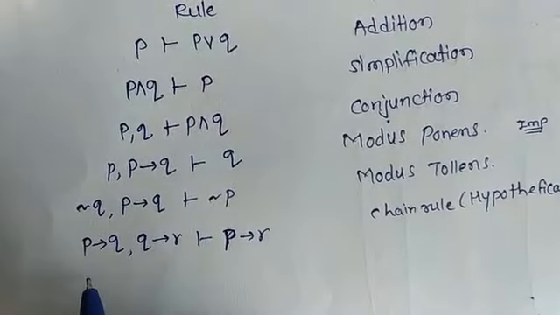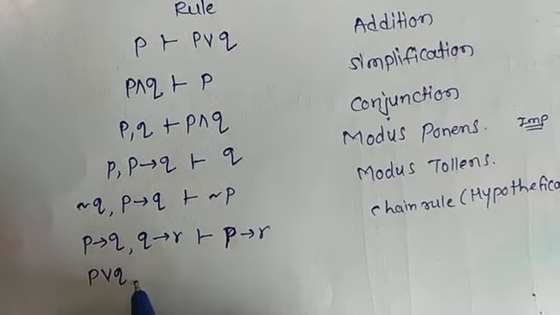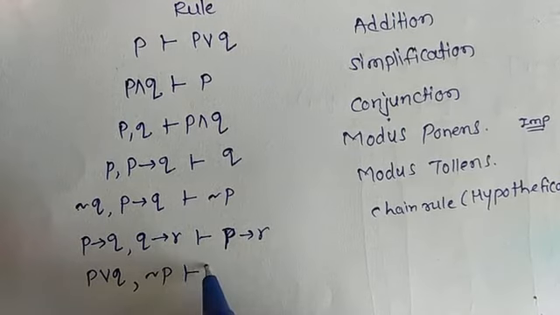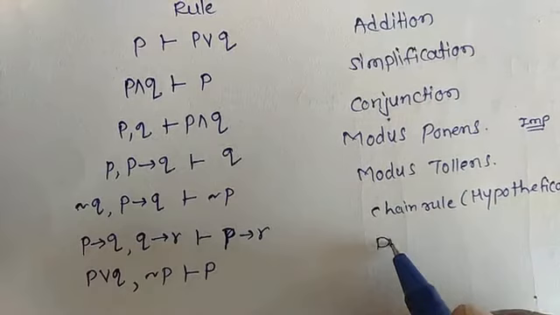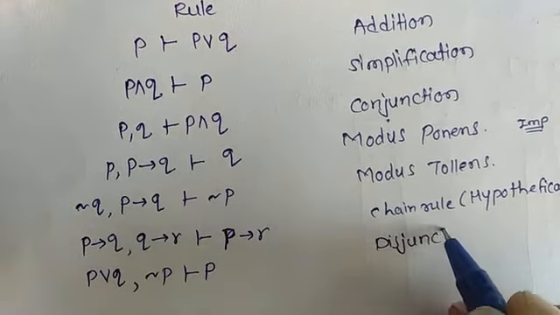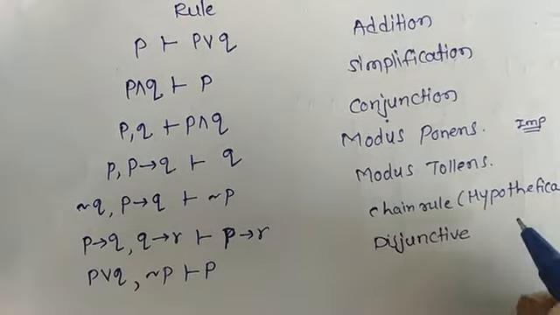And last, P or Q comma negation P concludes Q. It is known as disjunctive syllogism.